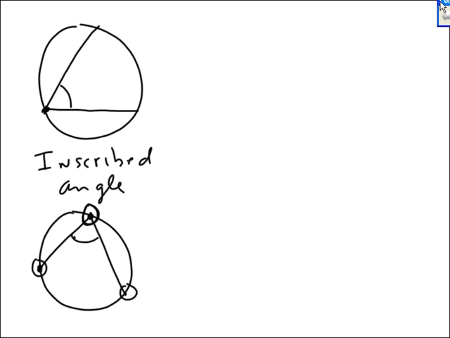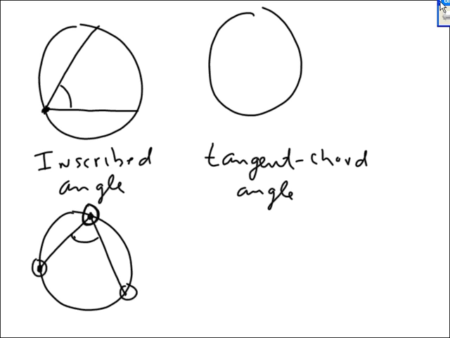Now, we are going to draw a tangent chord angle. Sounds like we're going to have a tangent line and a chord. Through this point that I just highlighted, I draw a tangent line.